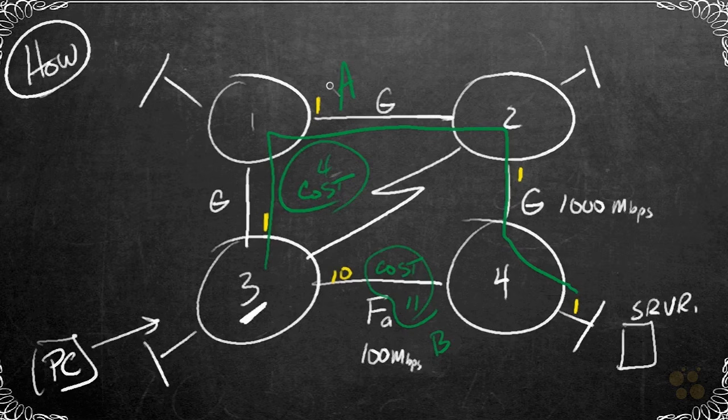What in OSPF is used? I mentioned it briefly in the previous video, but do you recall what is the thing that is advertised to every router in this area that allows router 3 to have that personal knowledge of the links that are involved on router 1 and their cost, and the links that are involved on router 2 and their cost, and the links that are involved on router 4 and their cost?